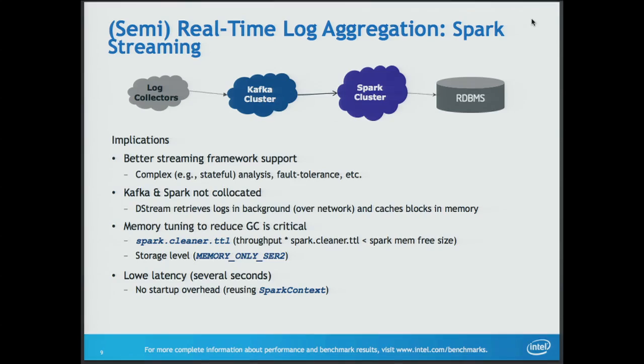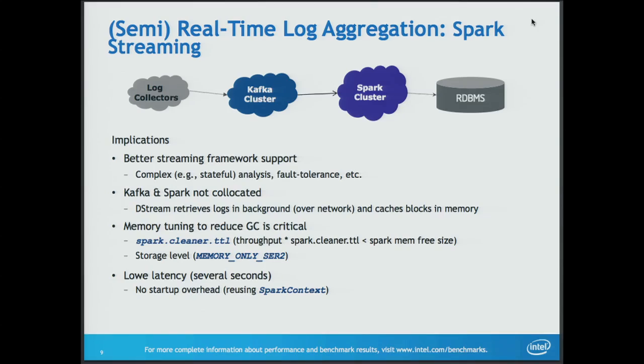But when we migrate to Spark Streaming, we no longer co-locate the Kafka cluster and the Spark cluster, because in Spark Streaming, the DStream abstraction retrieves the data in the background over the network and caches it in local memory. So there is no point in co-locating the Spark and Kafka clusters.